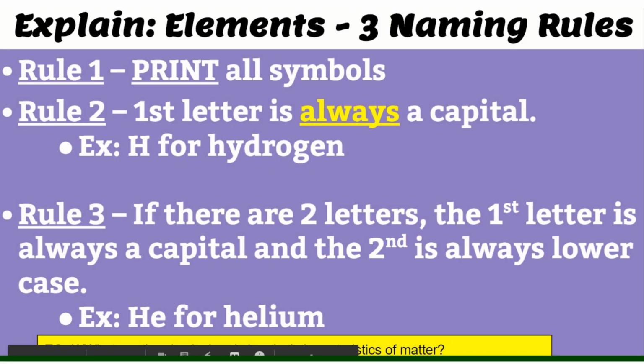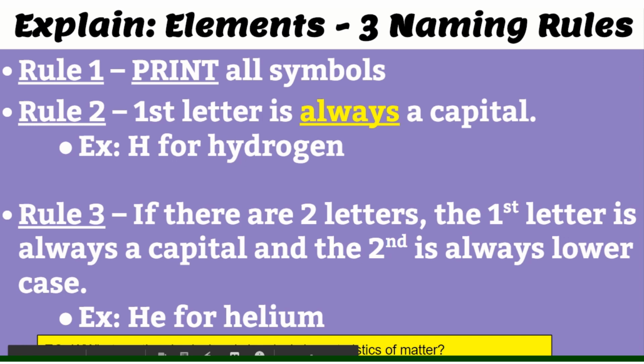Okay, there are rules, and all chemists around the world follow these rules for writing element symbols. First of all, they're all printed. The second rule is the first letter is always a capital.